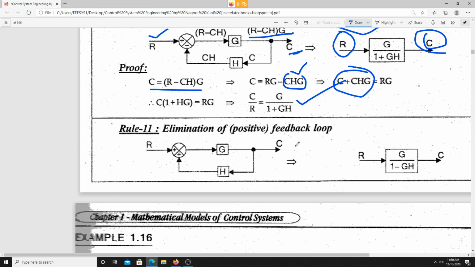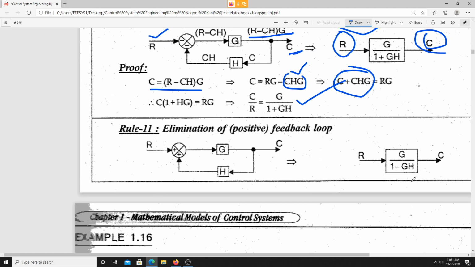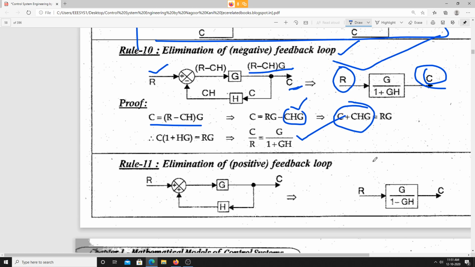Now elimination of positive feedback. Please everyone go through it. In the elimination of negative feedback, C by R is G by 1 plus GH, and in the case of positive feedback, C by R is G by 1 minus GH. Just go through this now please. For a while I will give you time.